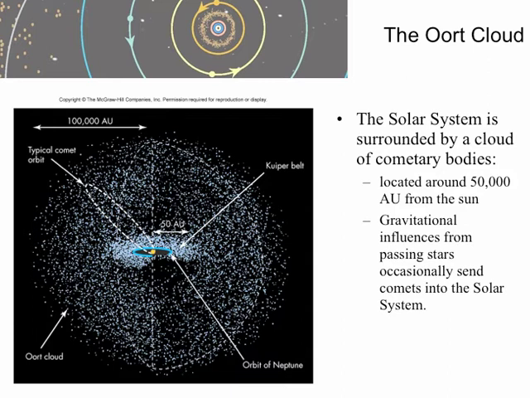These comets, if knocked by the gravity of, say, an approaching star or a passing star, can get knocked into an orbit which causes them to plummet towards the Sun in a very elongated path depicted here where it says typical comet orbit.